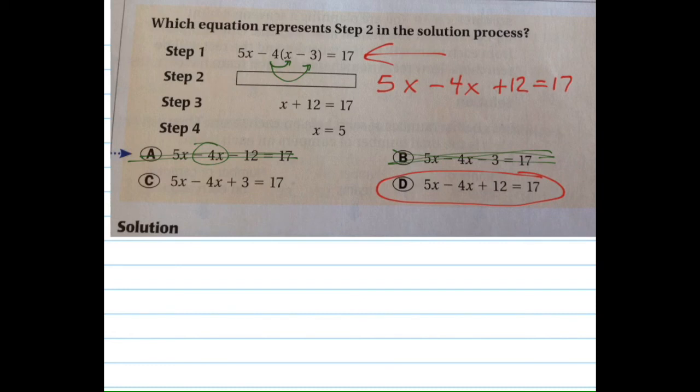For C, they multiplied the negative 4 by the x, and they used the negative to cancel out the negative, but they didn't multiply the 4 by the 3, so they got positive 3. Okay, so the actual solution is choice D, but they're going to leave those close solutions, those simple mistakes in there, just to make sure that you're really paying attention. Are there any questions? Okay.